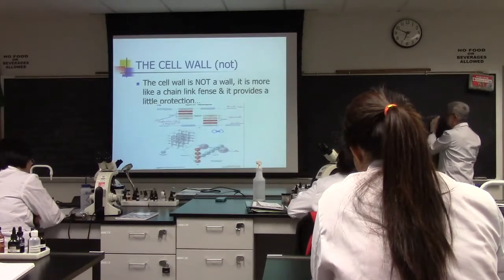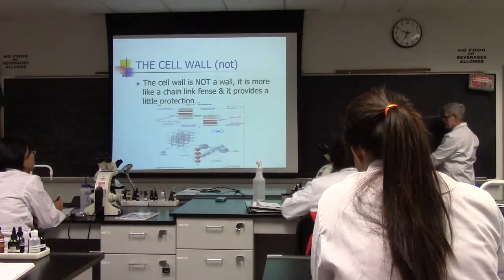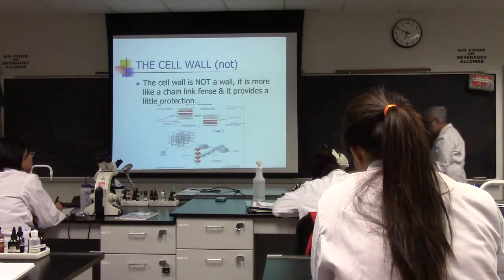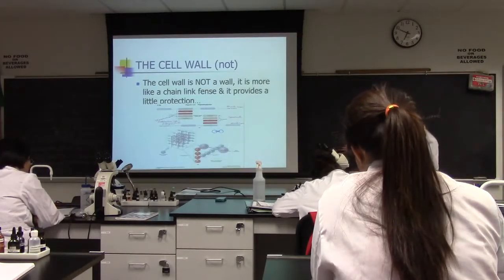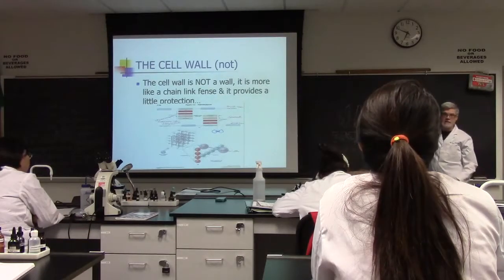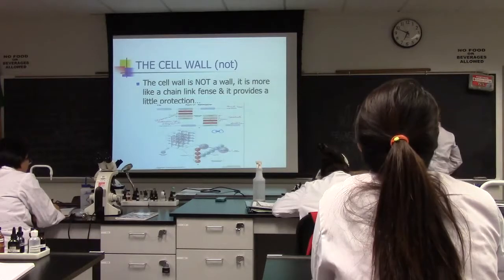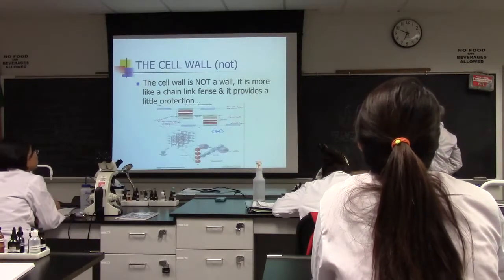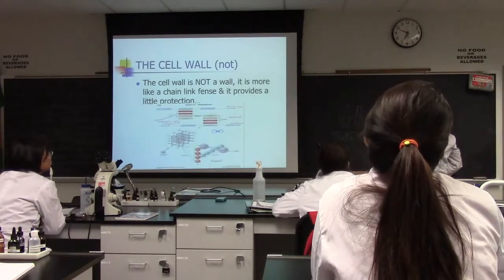And only gram-negatives have an outer membrane and a plasma membrane. Notice that in the plasma membrane, they're all tightly stuck together. Notice there are gaps in the outer membrane. And these little things sticking up here are called lipopolysaccharide A.